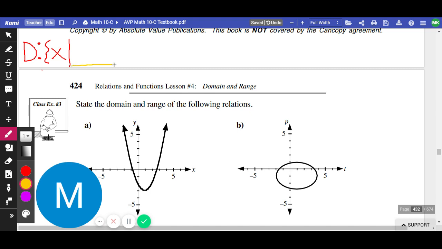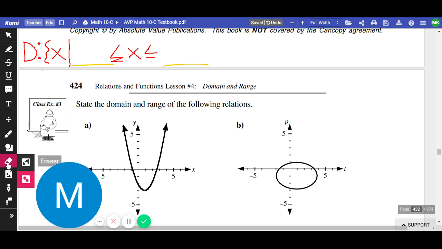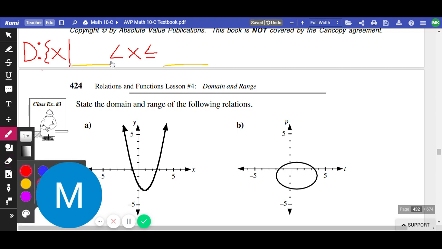You have blank, symbol, x, symbol, and then blank.